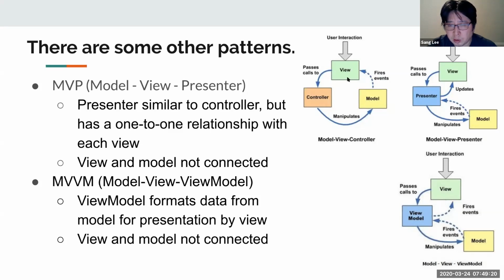So in the model view controller case, the model is going to fire events to update the view, which in our assignment 3 case is going to be the render function. But here the presenter takes care of updating. So in one sense, assignment 3 could be seen as the MVP pattern. MVVM is model, view, view model, where the view model formats data from the model for presentation by the view.